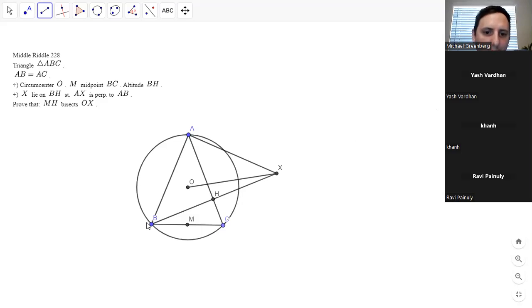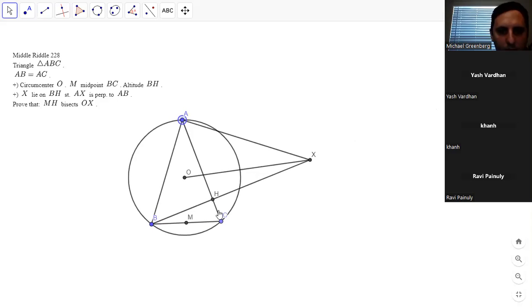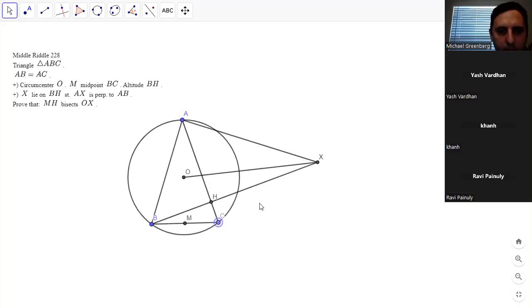So let's see, can we use projective geometry? I'll make it something like that.